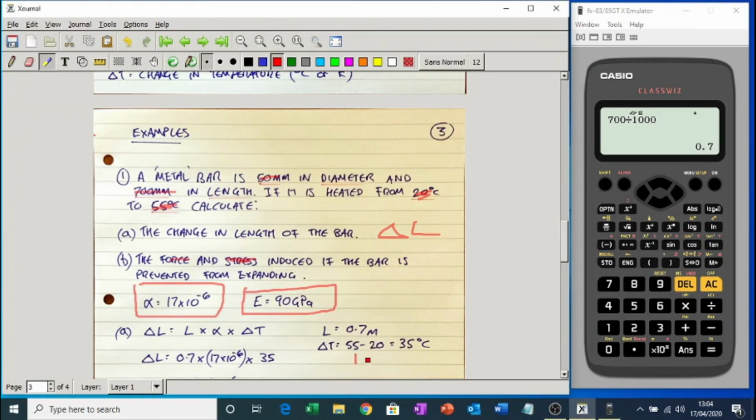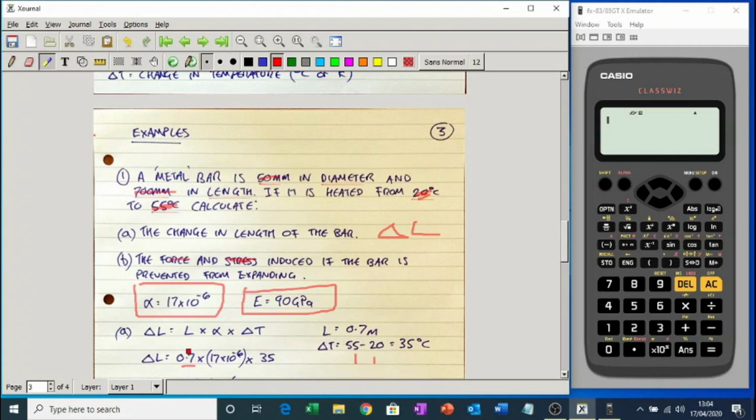So 55 take away 20 gives you 35. So the change in length is that times that times that. Because this is in meters, our change in length is also going to be in meters.